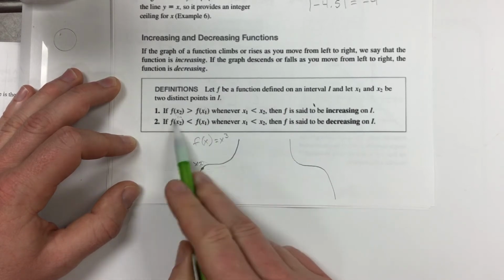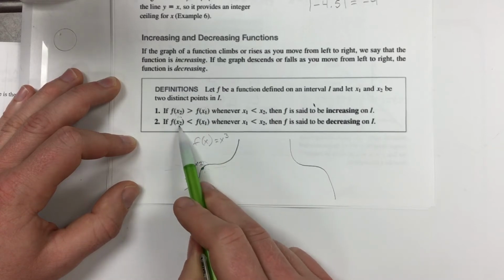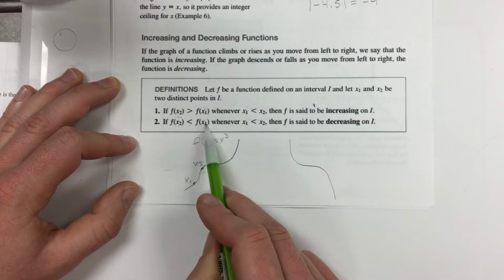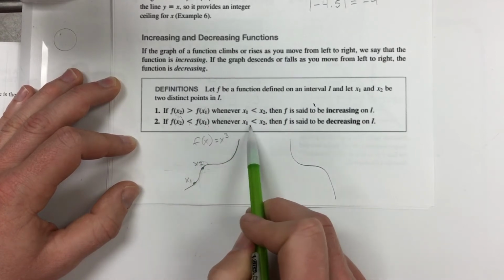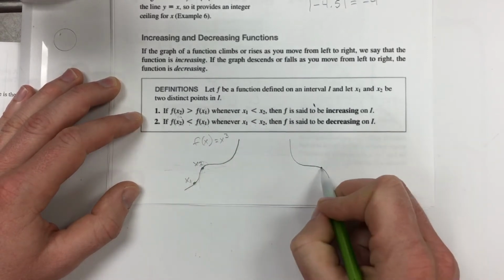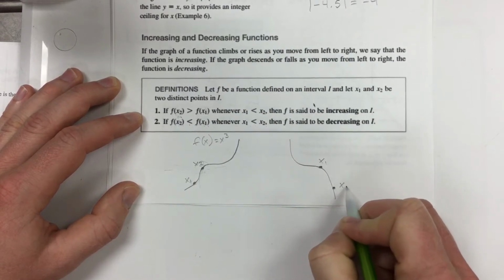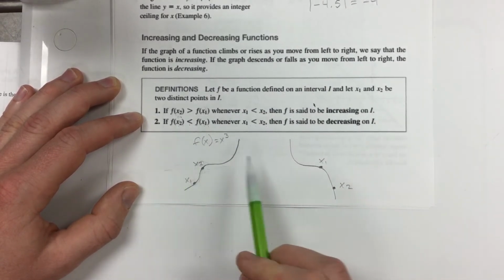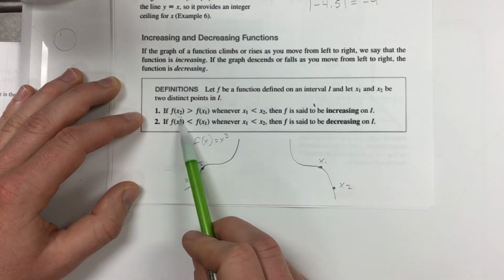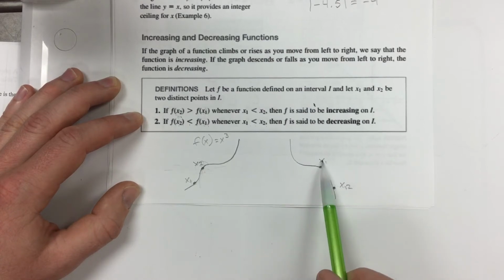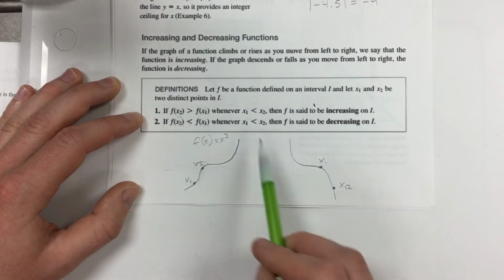And then this is just the opposite of that. It's saying, if the function of x2 is less than the function of x1, whenever x1 is less than x2, so again, we pick x1 and x2. You look here and you say, okay, my function of x2 is much lower on the graph, so it is less than the function of x1.